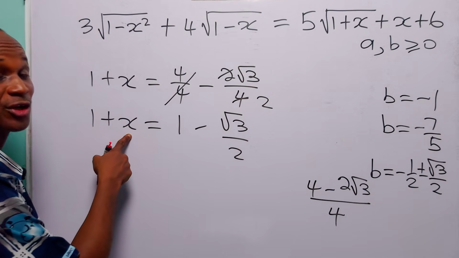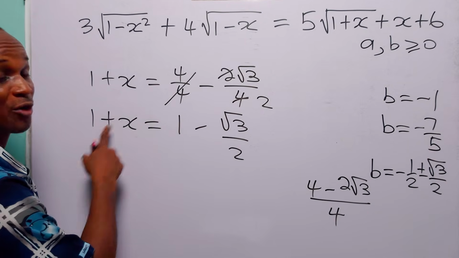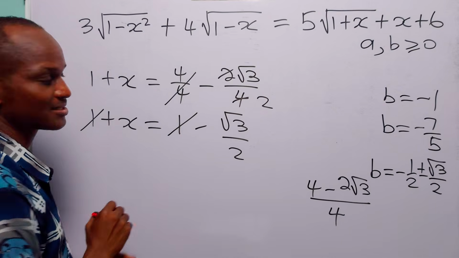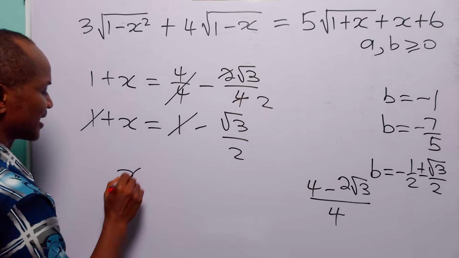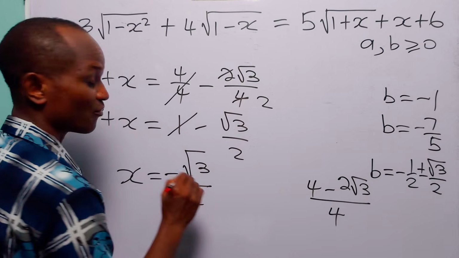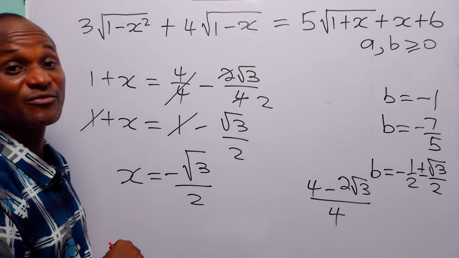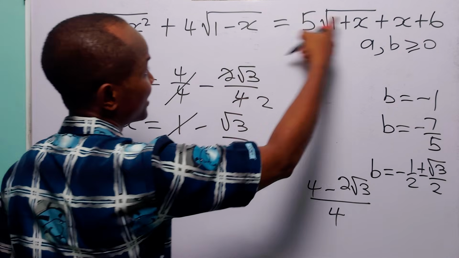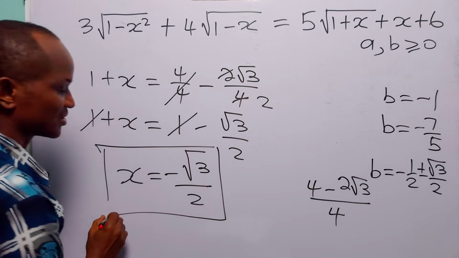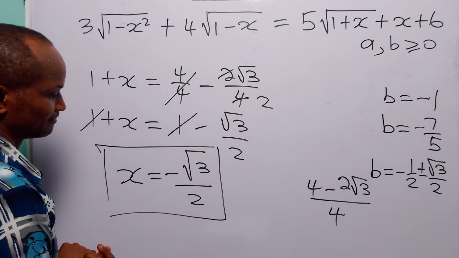Of course, to find the value of x, you subtract 1 from both sides of this equation. This goes and that goes. We have that x is equal to minus root 3 over 2. So the only value of x that satisfies this equation is minus root 3 over 2.